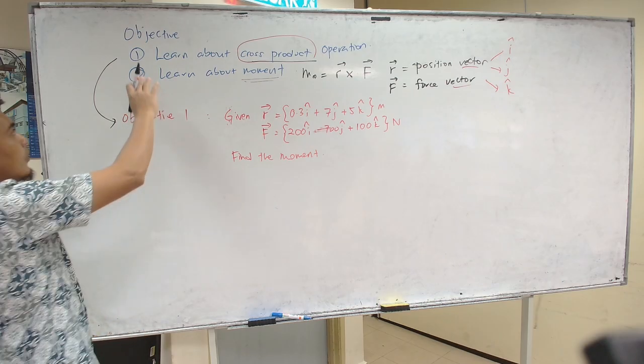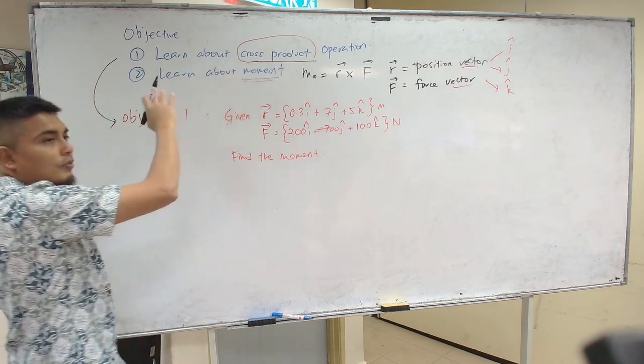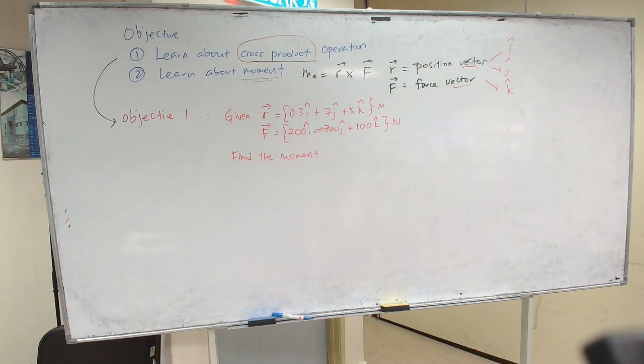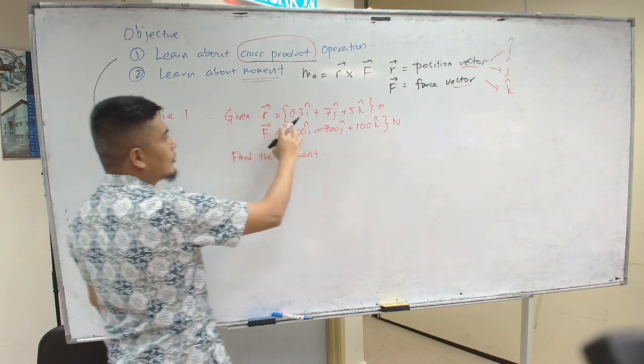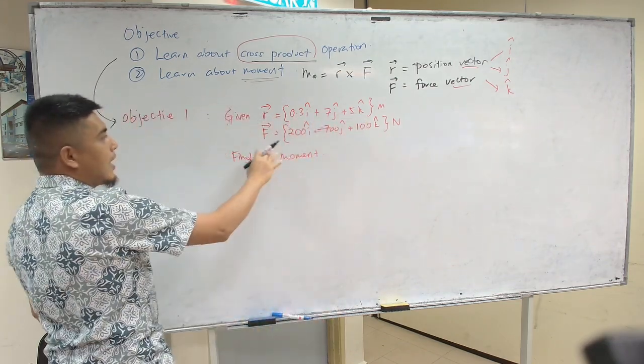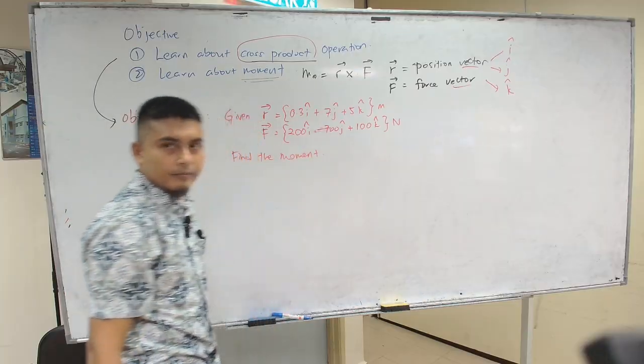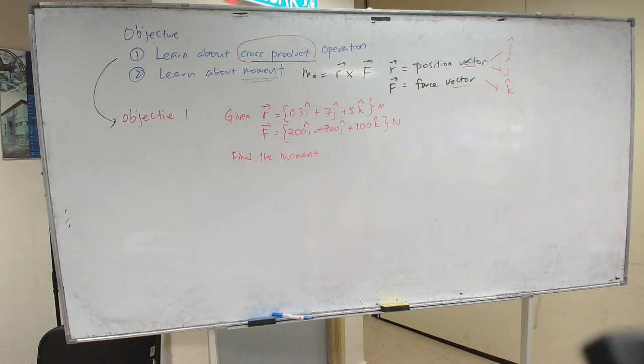Okay, so we go for the first objective. I want to teach you how to do the cross product operation. The question is, given R equal to this and F equal to this Newton, find the moment.